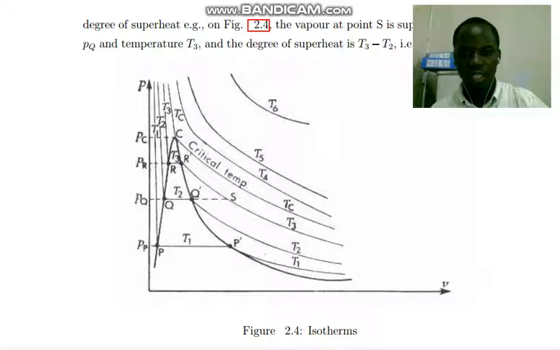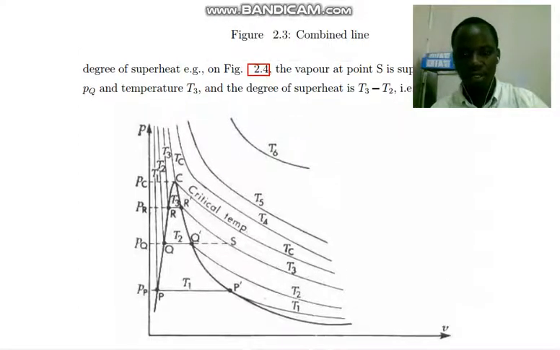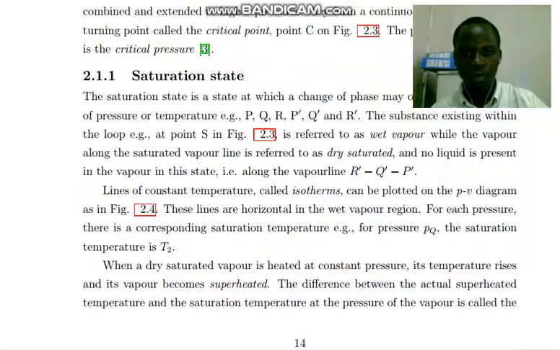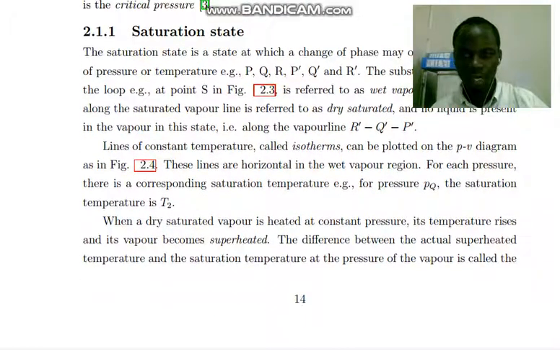You can see how T1, T2, T3 are constant lines. These lines are horizontal in the wet vapor region.